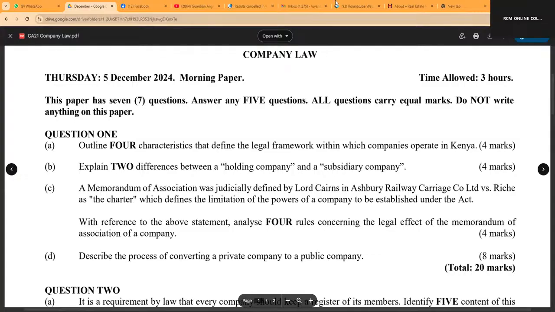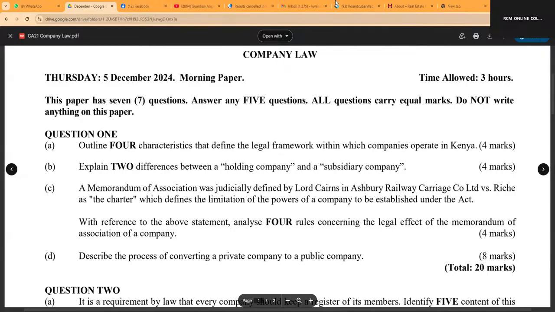So let me see what our friends are saying here. A holding company prepares books of accounts for both the holding and the subsidiary company, while the subsidiary company cannot report the financial statement on its own. Yes, that is correct. So they do what we call consolidation. So the books will be consolidated by the parent company or the holding company.